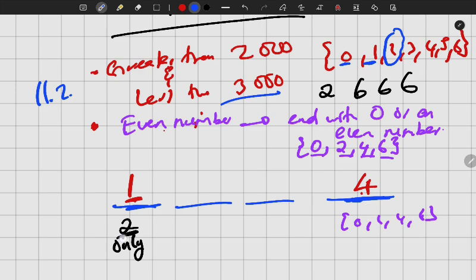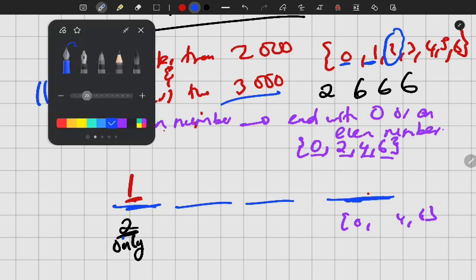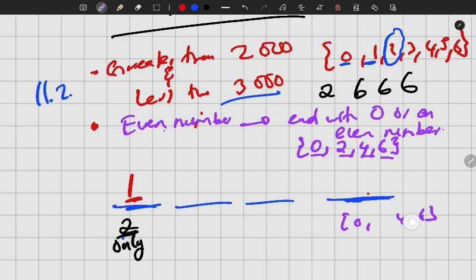We've used a 2 here, so we can't use a 2 there. We only have 3 options here. It's very easy to miss that one because digits may not repeat. We've got only 3 because we've used a 2.